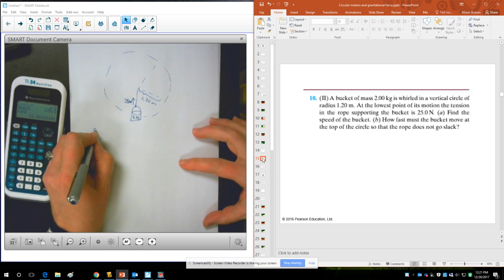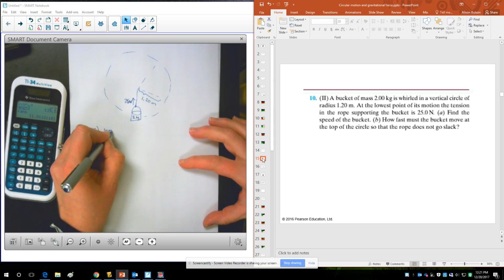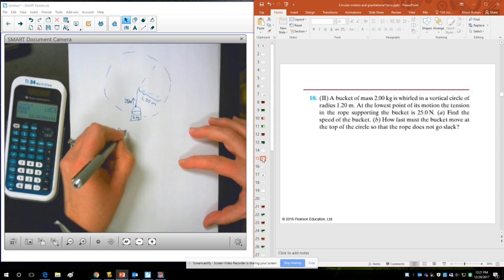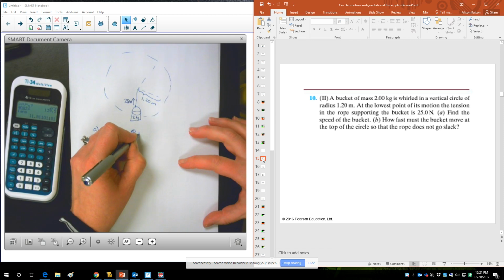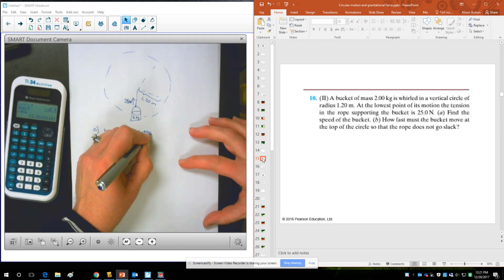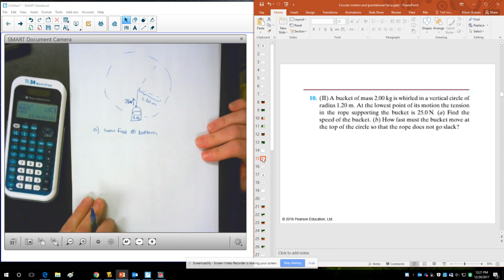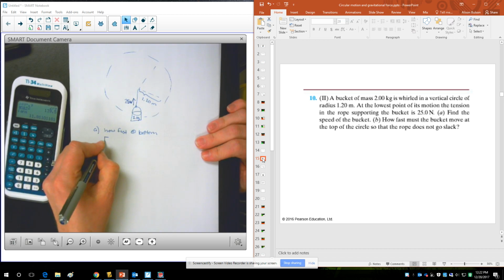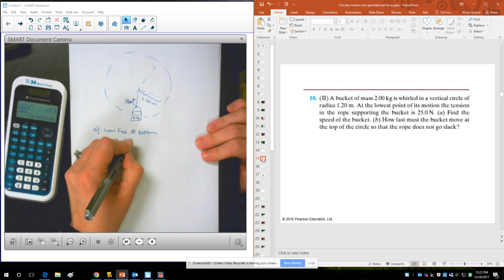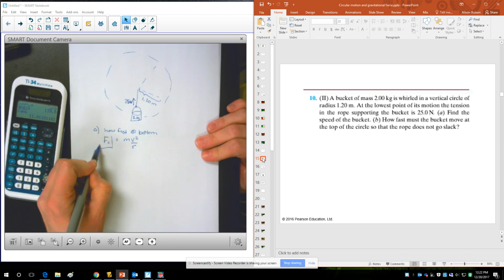So first for A, how fast at the bottom. So similar to our previous problem, we're going to say that centripetal force is equal to mass times speed squared over radius. However, in this case, the centripetal force is the net force.